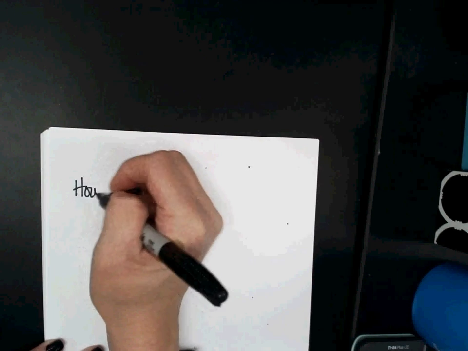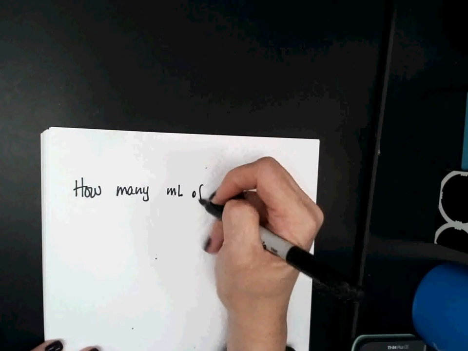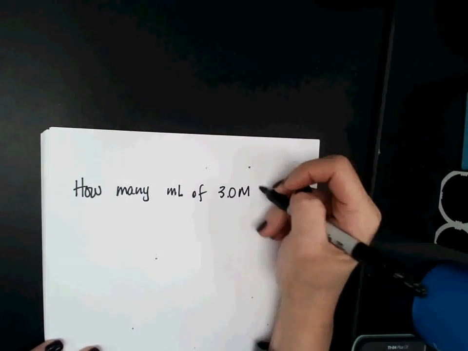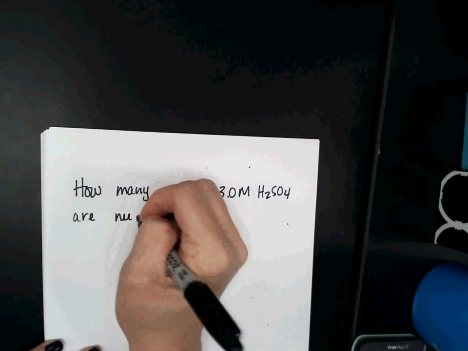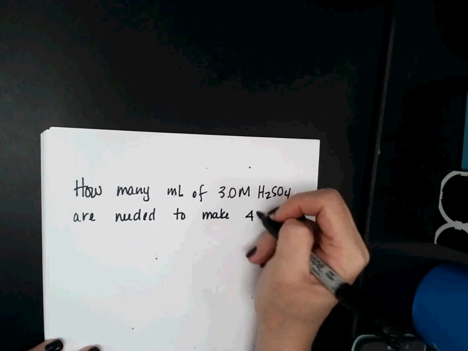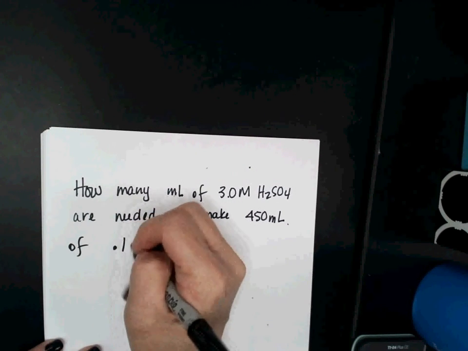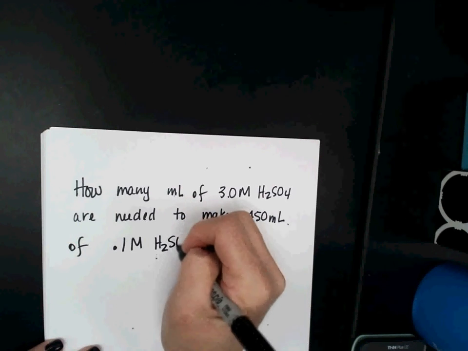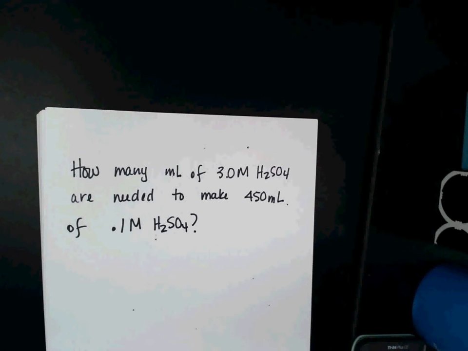Very last one. I'm going to ask you one question. How many milliliters of 3 molar sulfuric acid are needed to make 450 milliliters of 0.1 molar H2SO4.